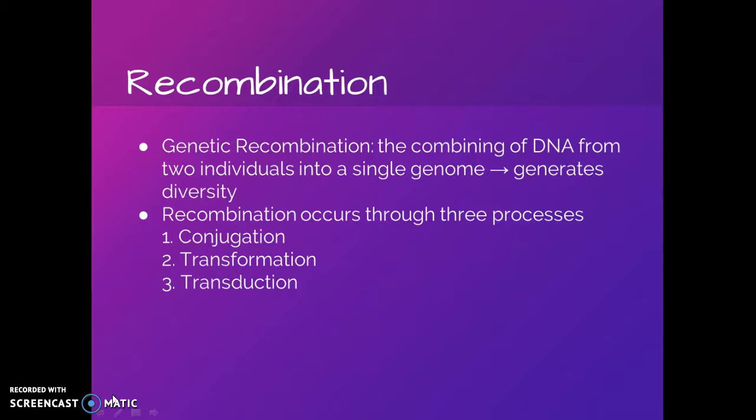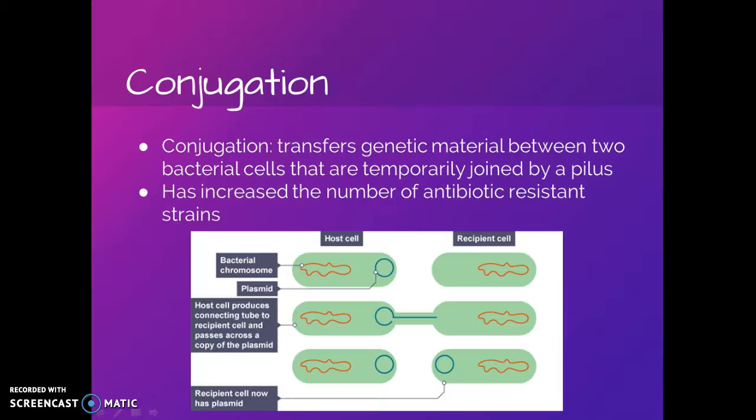transformation, and transduction. Remember how we said some bacteria have structures called pili? We said a bacterium could have a pilus that helps it stick to surfaces and to other cells. So the first process of recombination is conjugation.